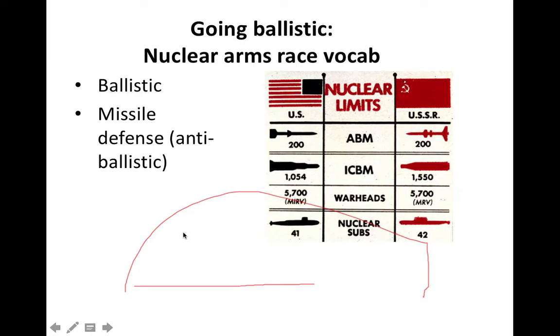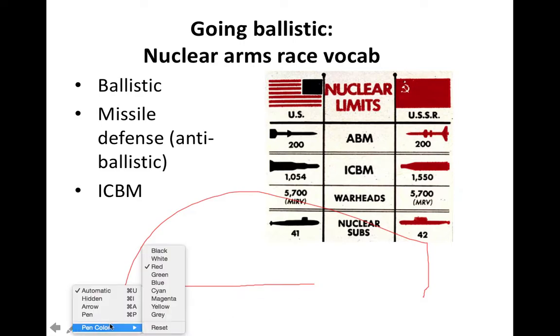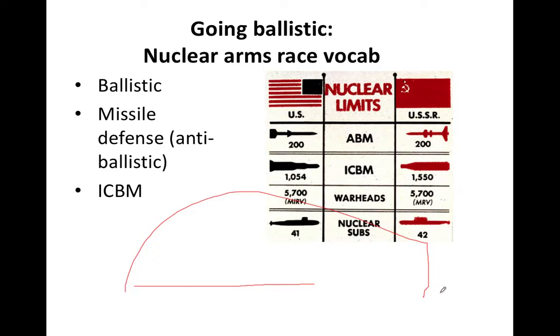Missile defense were missiles used in an anti-ballistic fashion, so that when a missile is coming in, an anti-ballistic missile would be used to shoot it down before it reaches its target.